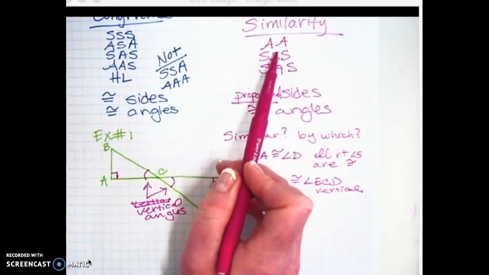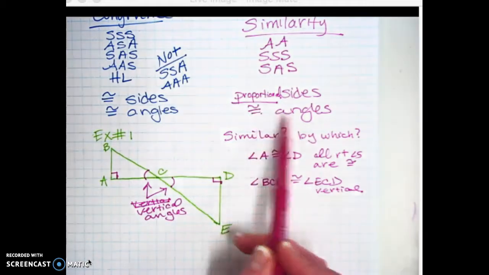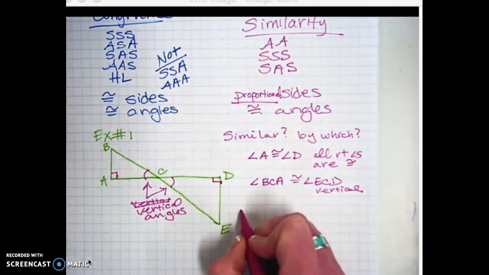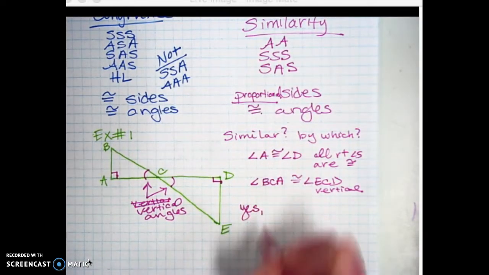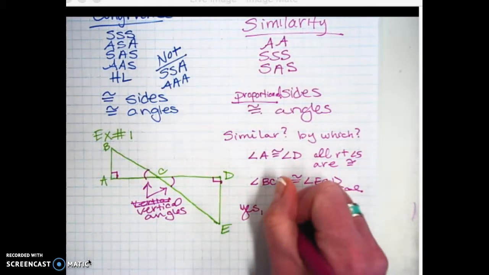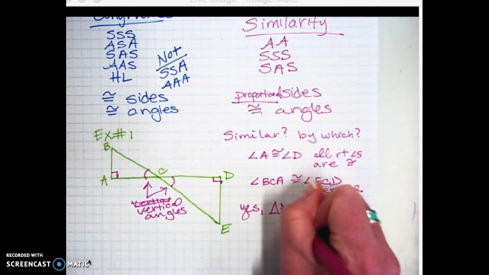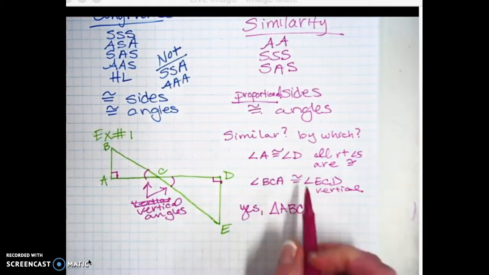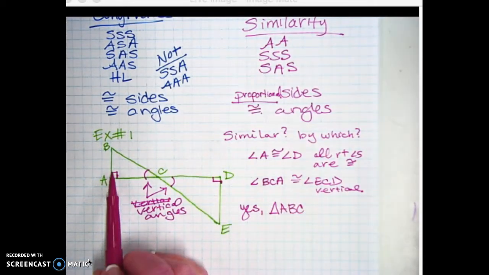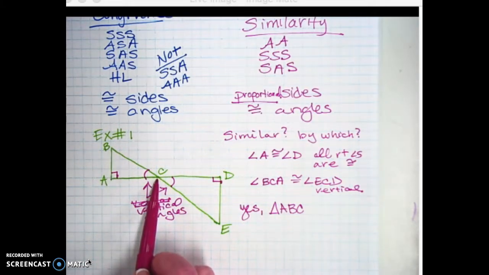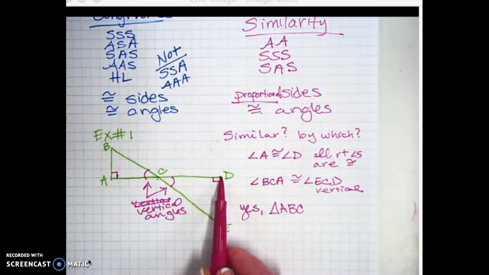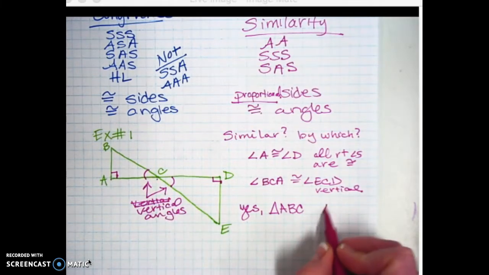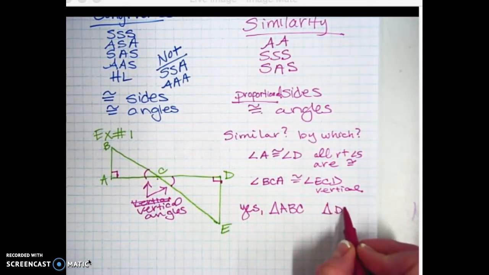We only have to have two things. Those two angles have to be congruent. So we say that yes, these two triangles, triangle ABC and, because it's turned, I started with the right angle, went up the shorter side, and then down the hypotenuse. So I have to start at the right angle, go up the shorter side, and then go down the hypotenuse. So triangle DEC.